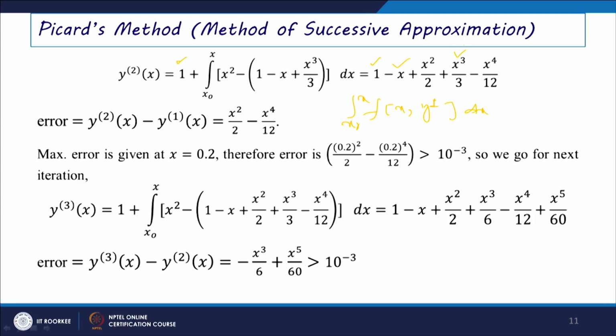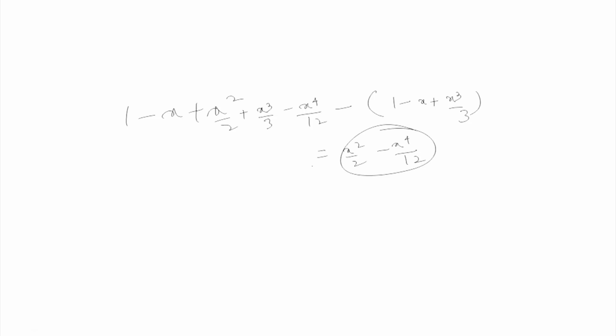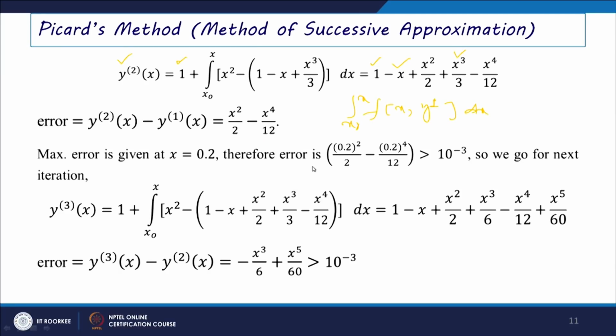Subtracting, we write 1 minus x plus x square by 2 plus x cube by 3 minus x to the power 4 by 12, minus 1 minus x plus x cube by 3. So this is nothing but x square by 2 minus x to the power 4 by 12.